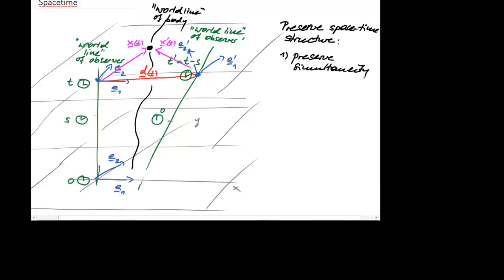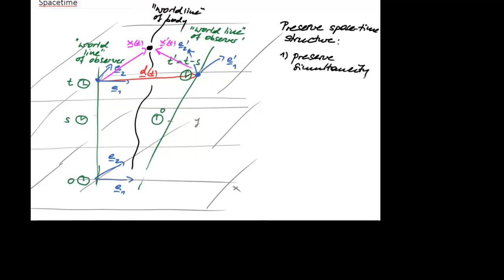So in other words, I indicated these two-dimensional planes. They contain events that for me are simultaneous. And I want to make sure that for my colleague who moves on a different world line, these events are also simultaneous. Now, this is guaranteed as long as the modified time t prime is a function of my time t only, and is not a function of space.